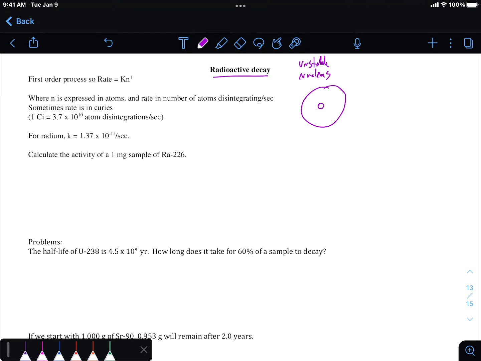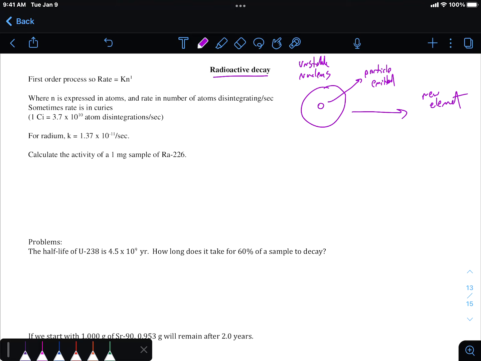So if it's unstable, the nucleus is going to undergo radioactive decay. There will be some kind of particle emitted. And then because the particle emitted changes the complexion of the nucleus, you get a new element.